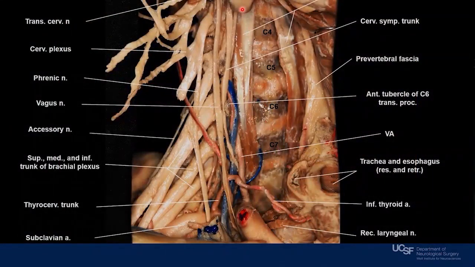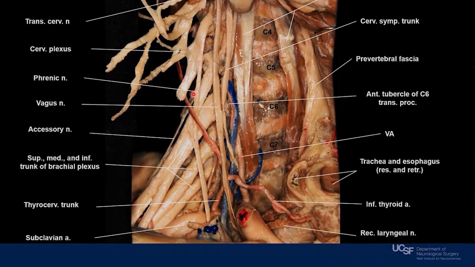After reflecting superiorly the major neurovascular content, what we see here is part of the cervical plexus that again goes from C1 to C4. This plexus is going to have a series of connections with the hypoglossal nerve and the spinal accessory nerve.